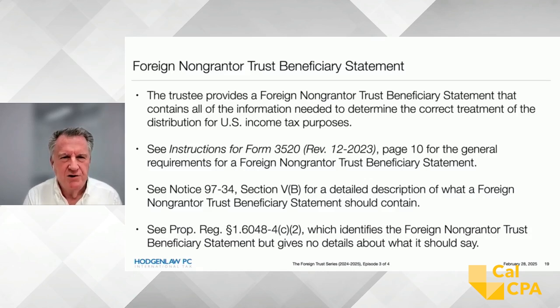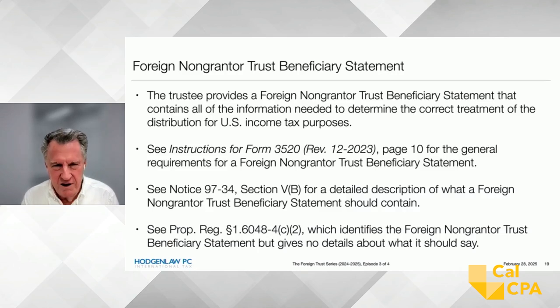Now, essential to this whole thing is whether you get or do not get a foreign non-grantor trust beneficiary statement. So this is a sort of freestyle analog to a Schedule K-1 that a domestic non-grantor trust would give.